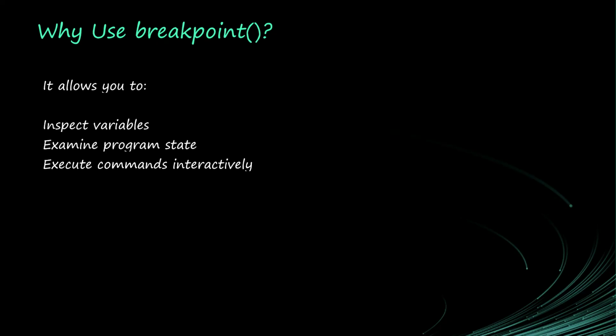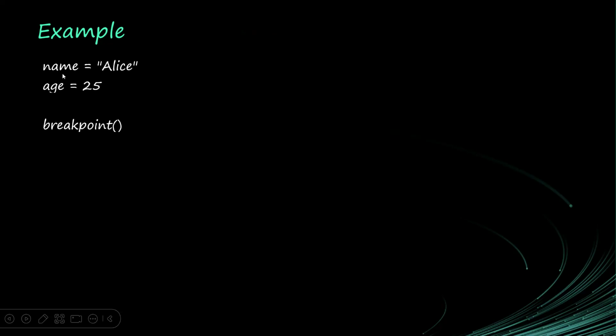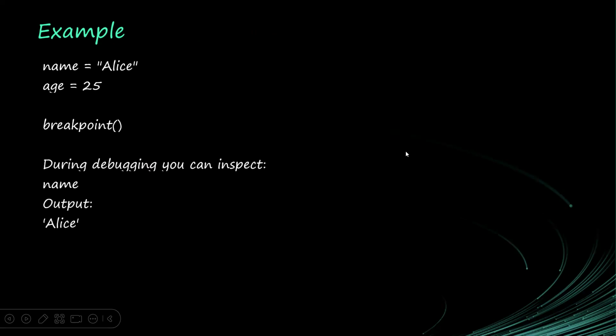It examines the program state, it executes commands interactively. You investigate the problem. There is just more you can do there. So in this case, we have a breakpoint after the declaration, the initialization of name and age. But during debugging, you can now inspect name. Just like you saw me do length and width, you can inspect the variables.